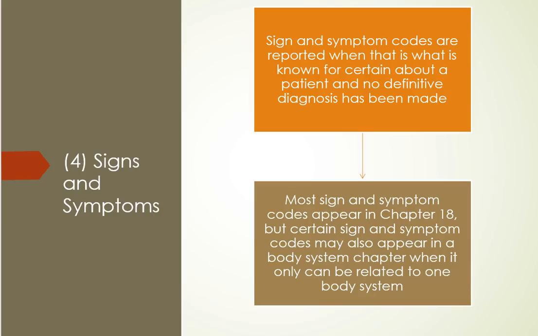In your tabular listing, chapter 18, you are able to locate many, but not all, of the sign and symptom codes. Now, notice I said many and not all because some of the sign and symptom codes are captured in the disease categories that relate to that condition.